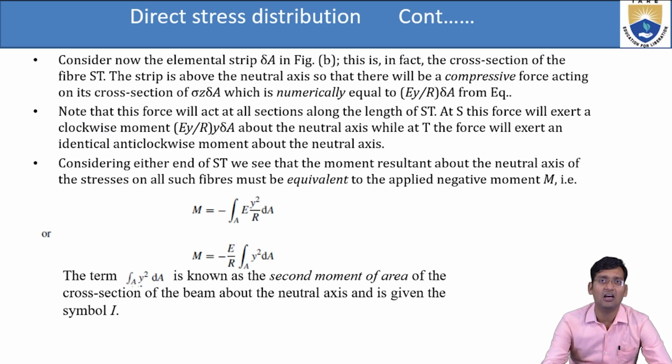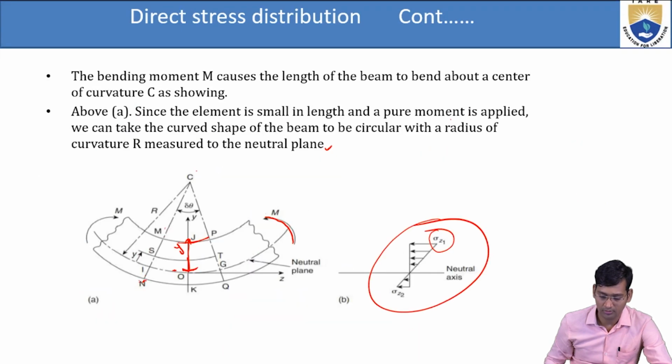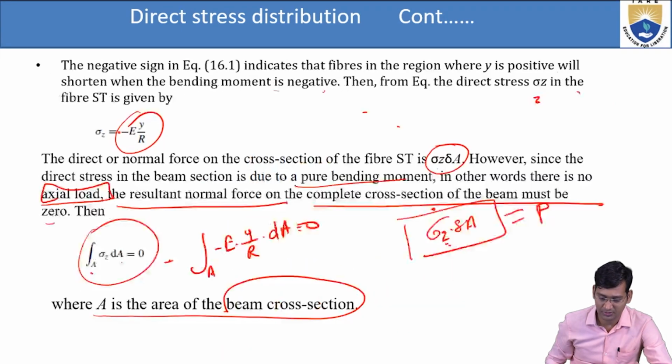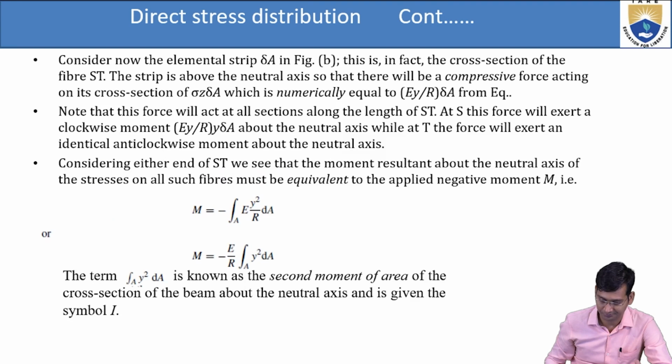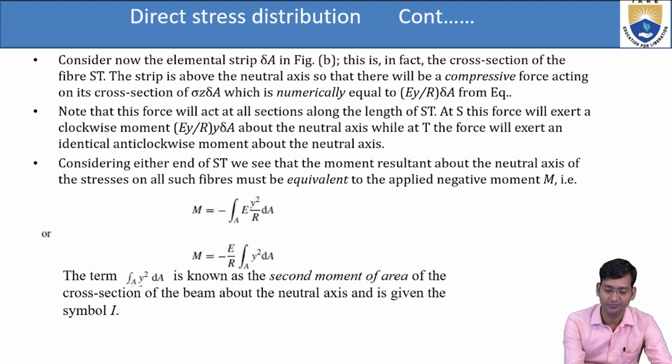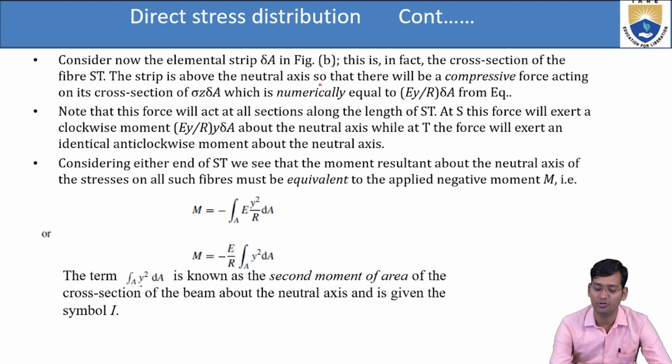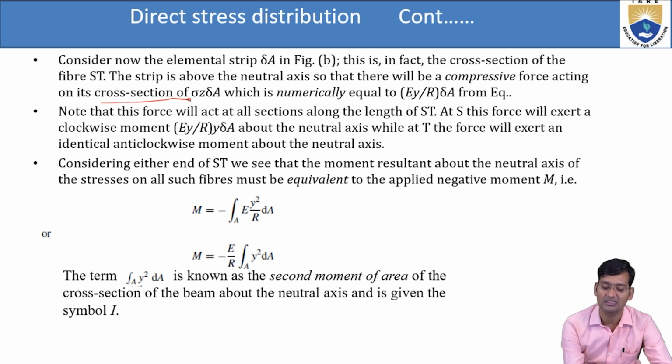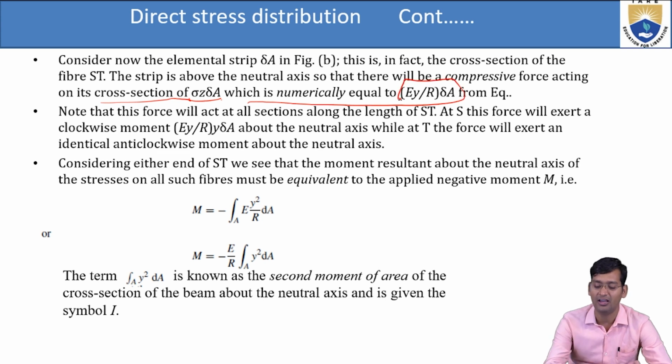Now consider the elemental strip delta A in figure B. This is in fact the cross section of the fiber ST. The strip is above the neutral axis, so there will be a compressive force acting on its cross section, sigma z into delta A, which is numerically equal to Ey by r into dA from the previous equation.